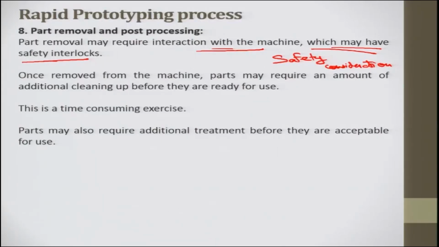Once removed from the machine, the parts may require an amount of additional cleaning up before they are ready for use. This is actually post processing. Parts may be weak at this stage, or they may have some supporting features that must be removed. So the removal of supports is a kind of post processing.